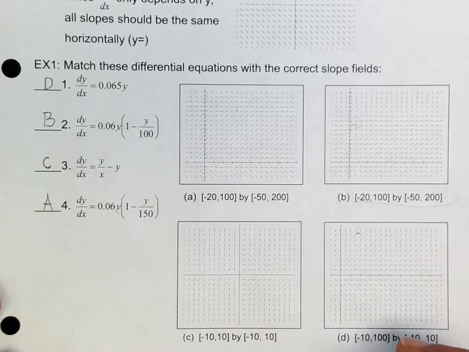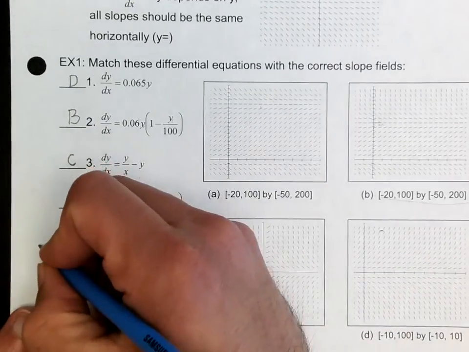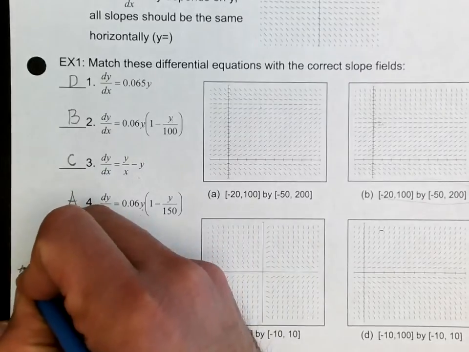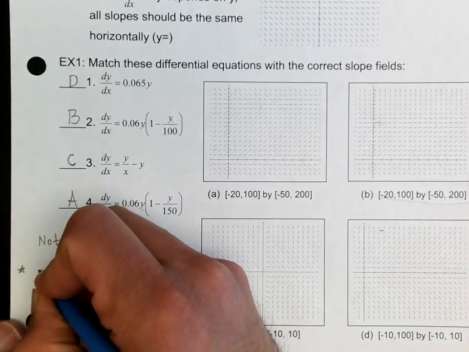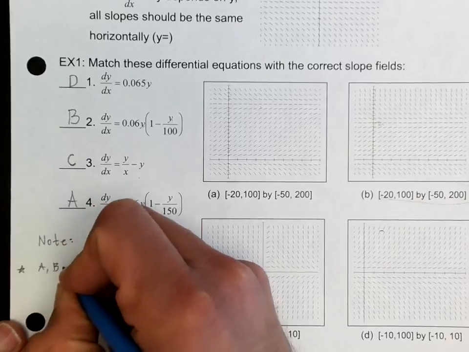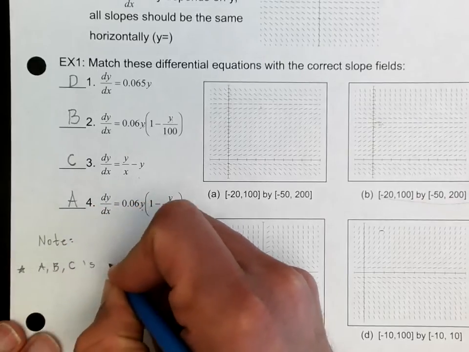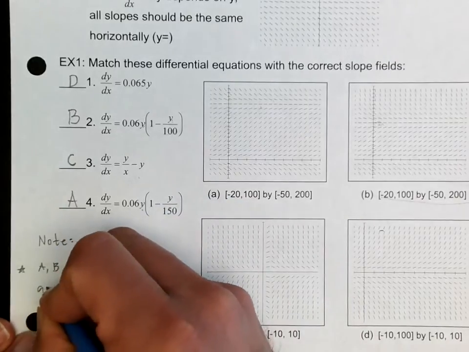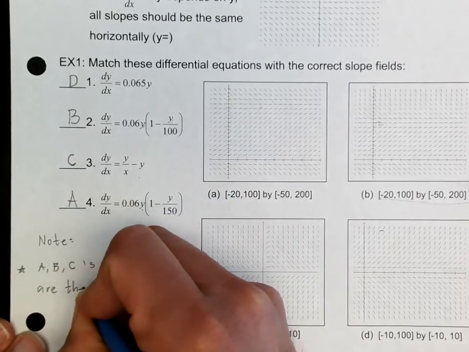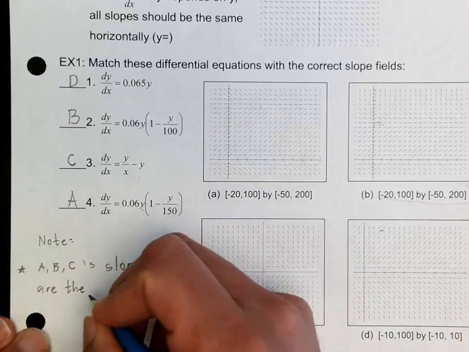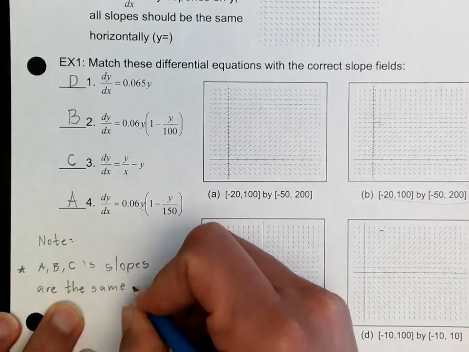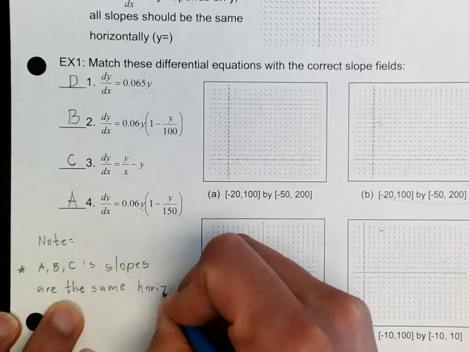So I kind of already said all this, but I'm going to write it in case somebody's looking at my notes. I said note that A, B, and C slopes are the same, and by the same I mean the slopes are the same horizontally.